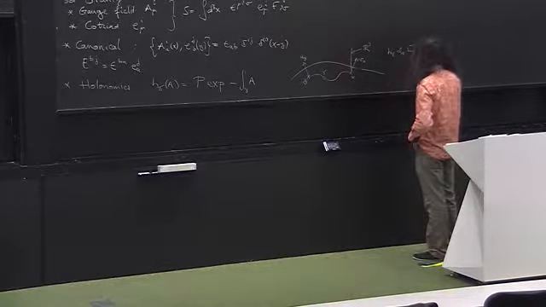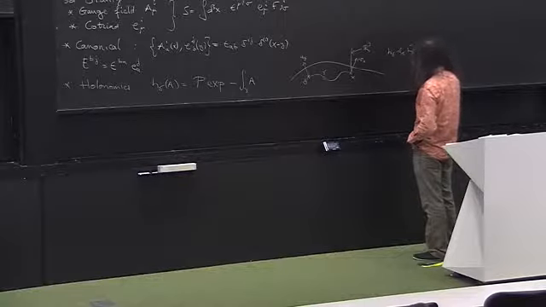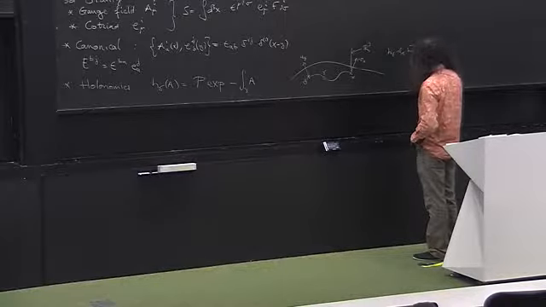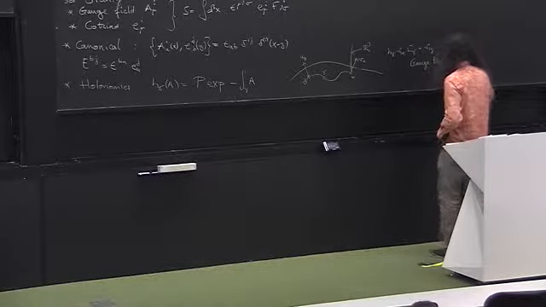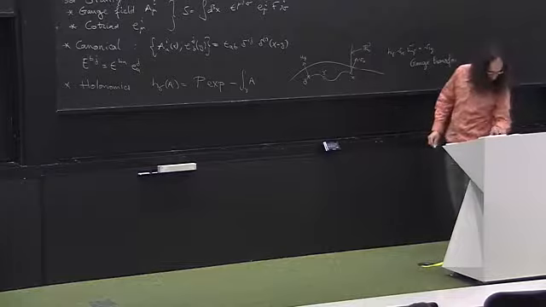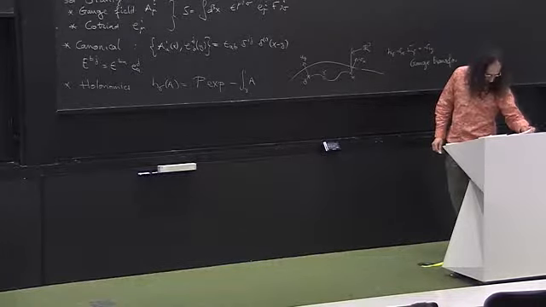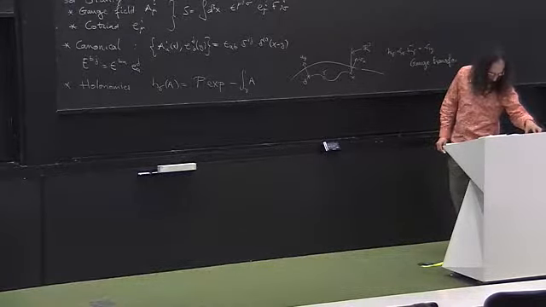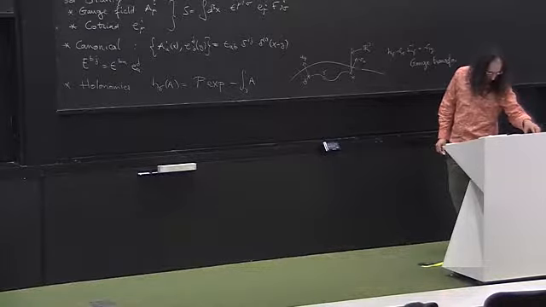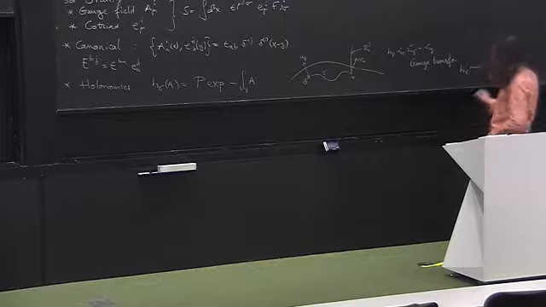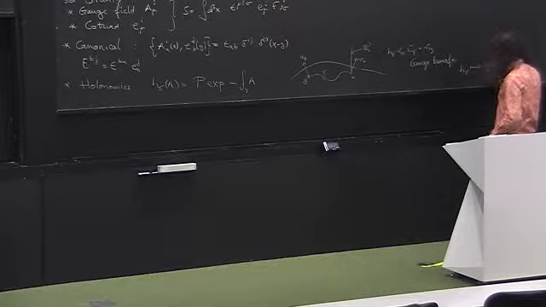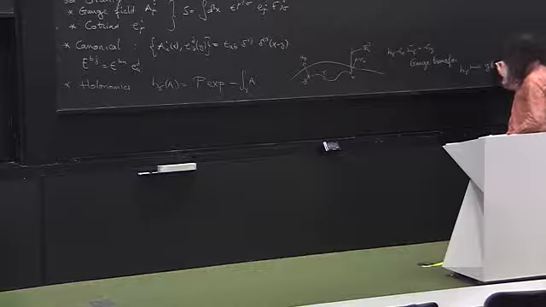So the transformation, when you do a gauge transformation, h_γ becomes g at the endpoint.